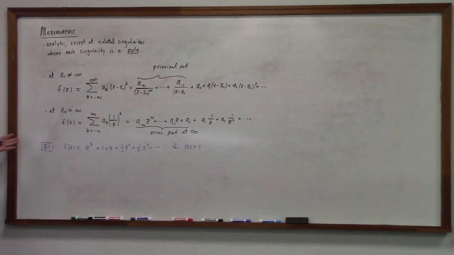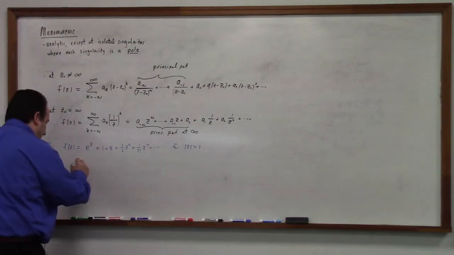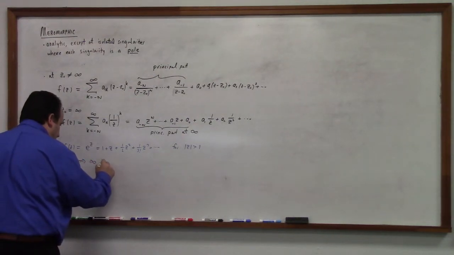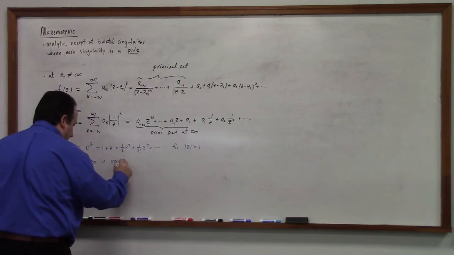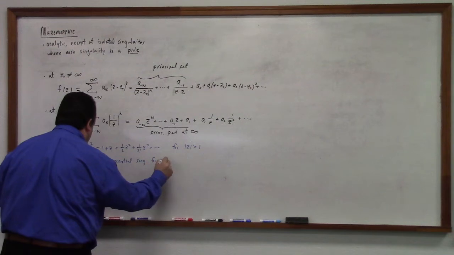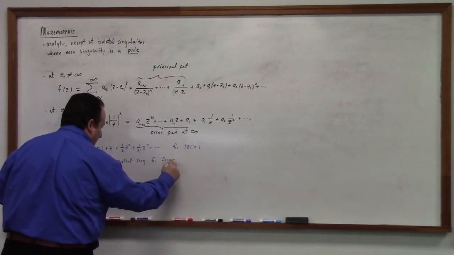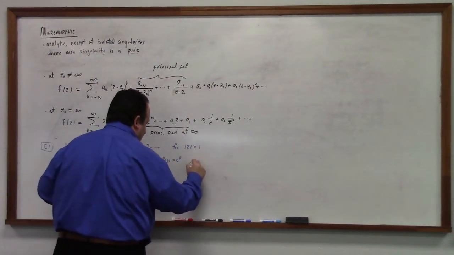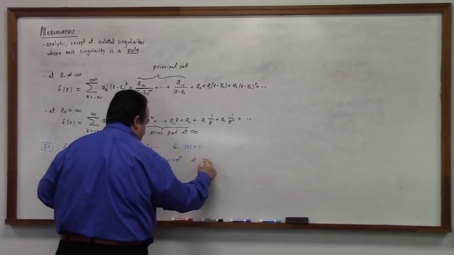This is the Laurent expansion of e to the z at a neighborhood of infinity. This shows that infinity is an essential singularity for f of z equals e to the z.